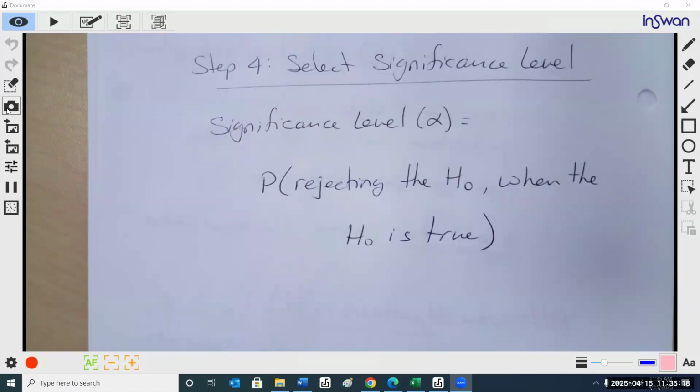What does that mean? The probability of rejecting the null hypothesis when the null hypothesis is true.